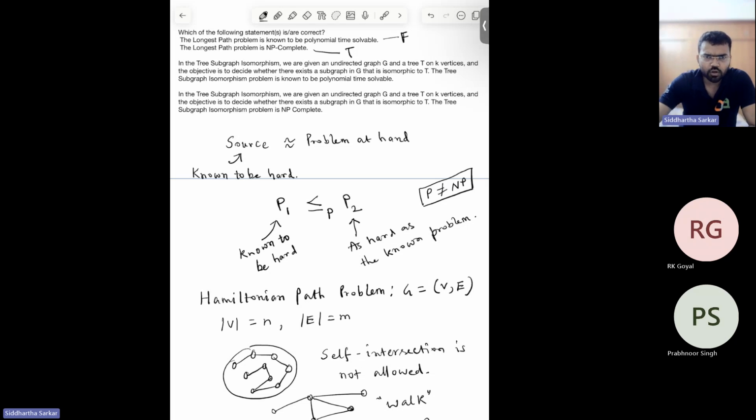But let me see if they have defined long path separately. I do not see a definition of long path.